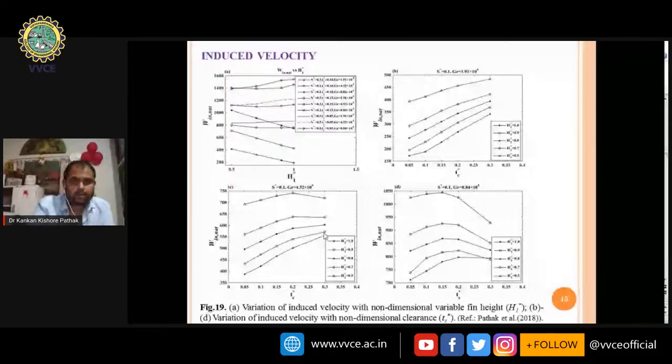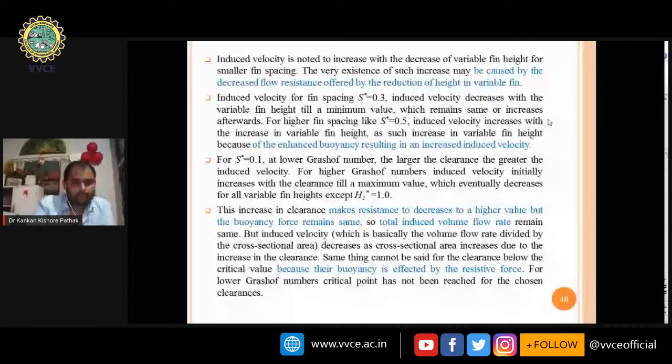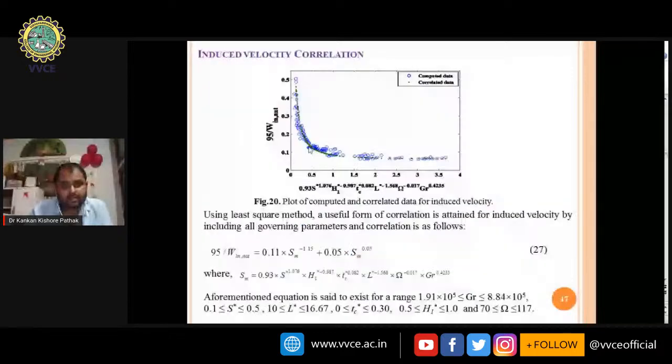Now this is the induced velocity correlation, so that in future people can design the configuration. Directly from these relations, we are using the least square method. A useful form of the correlation is attained for induced velocity by including all governing parameters as follows.